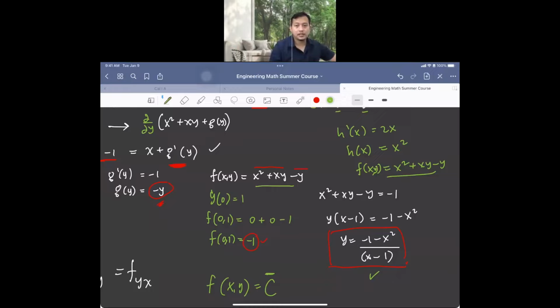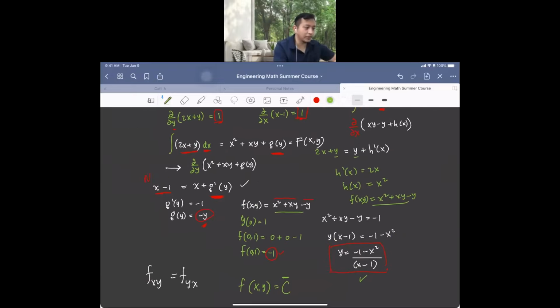And I think in the homework, some students may use the explicit or implicit, and I think that's still okay. But be careful when the question asks exactly for implicit or explicit. You have to pay attention to that as well.